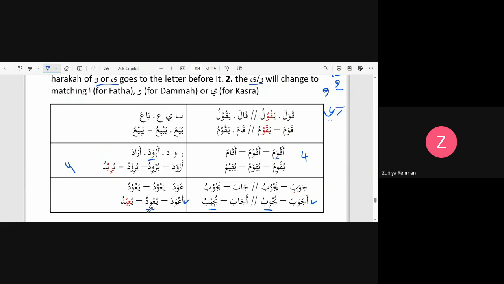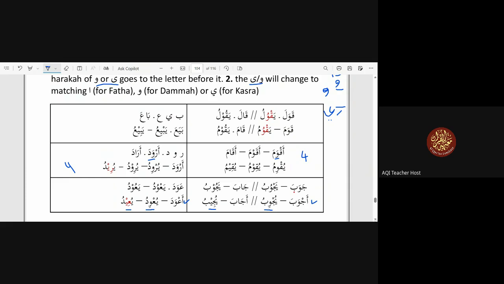And then in mudari, yu'widu. The weak letter has kasra, and the previous letter has sukun. So this kasra will be on the prominent letter, and kasra will precede ya. So it will be yu'idu. Mashallah. I hope everyone understands now these two simple rules.